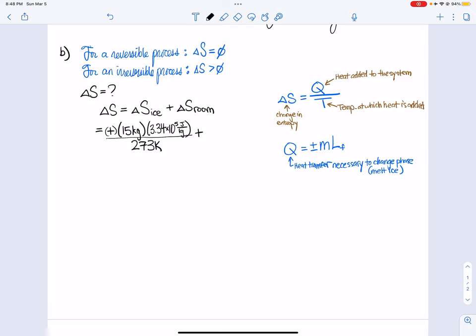Well, understand that the heat transferred into the ice, or Q ice, the heat transferred into the ice to melt it to water, is going to be equal in magnitude but opposite in sign to the heat that leaves the room. Because the heat that transfers into the ice comes from the room, right? So heat leaves the room and transfers into the ice.